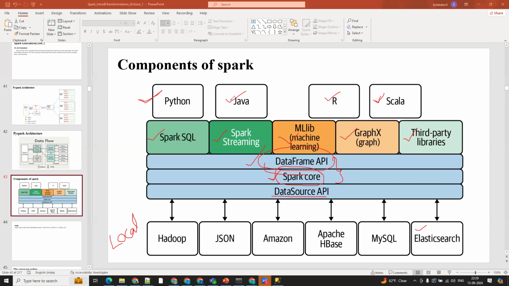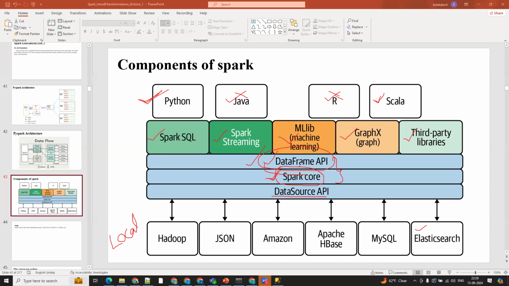Not even 5%, only 2 to 3% of companies use Java and R. So my recommendation is you go with Python only. These are the core components of Spark. Mainly we are going to discuss Spark core and data frames.